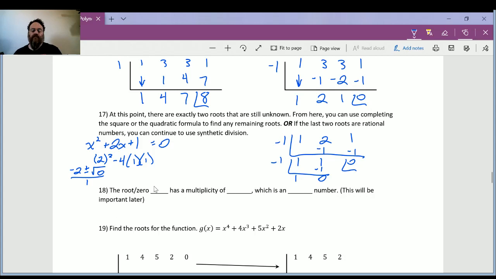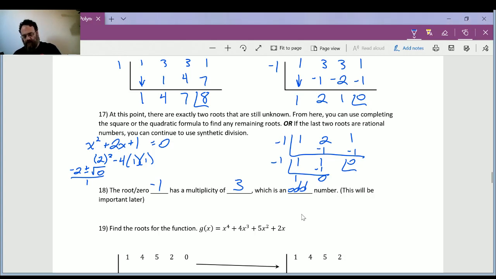Okay, the root, or 0, negative 1, has a multiplicity of 3. And the multiplicity is an odd number. That's something we're gonna deal with a little bit later. Okay, but we need to always know what the multiplicity is for any of the roots or zeros that we find.